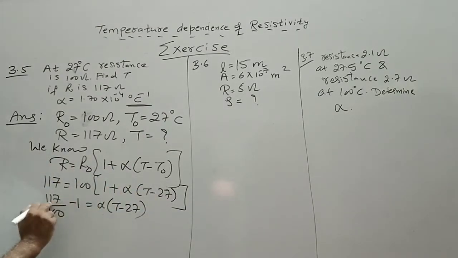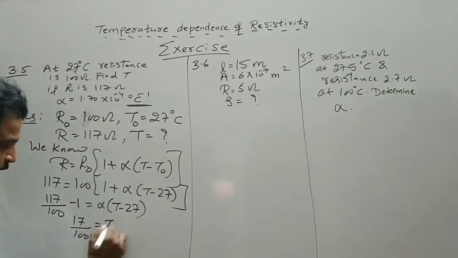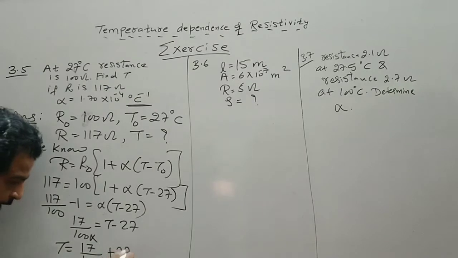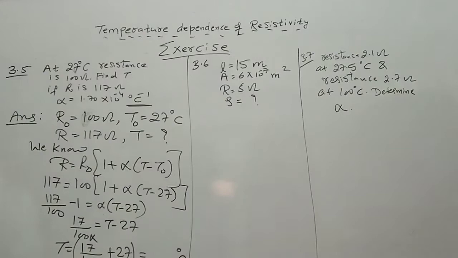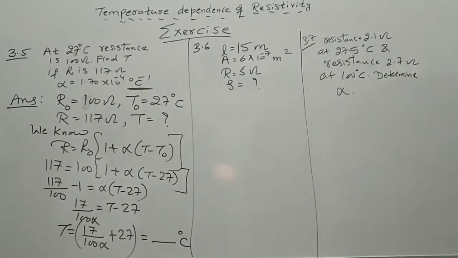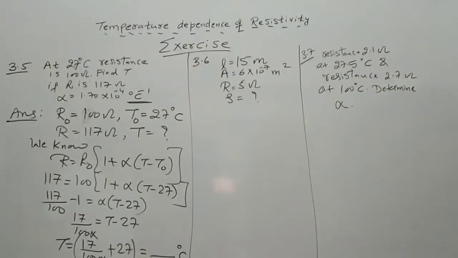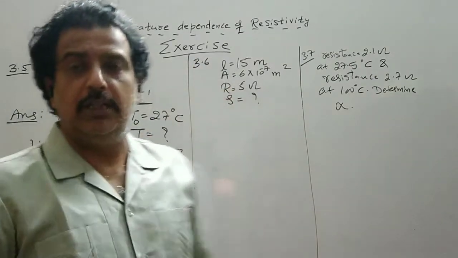So it becomes 117 minus 100, that is 17 upon 100. Now alpha comes in the denominator, so 17 upon 100 alpha is equal to T minus 27. So T comes out to be 17 upon 100 alpha plus 27, and whatever value comes, you substitute and find out the answer. So it is a direct application of the formula. Similarly, again it is a direct formula.